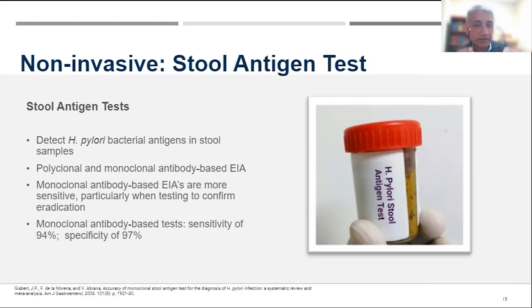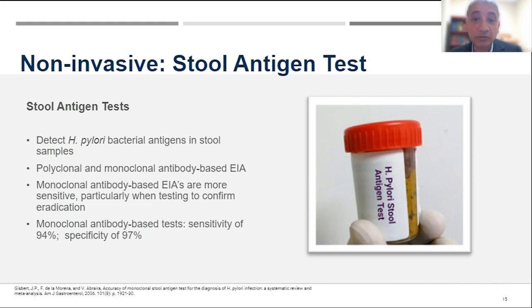And the second non-invasive test is the stool antigen test. This is a test that detects H. pylori antigens in stool specimens. This test initially was a polyclonal antibody-based EIA.